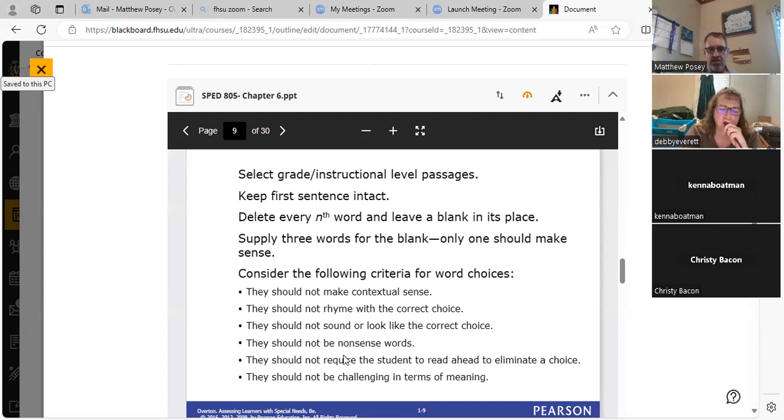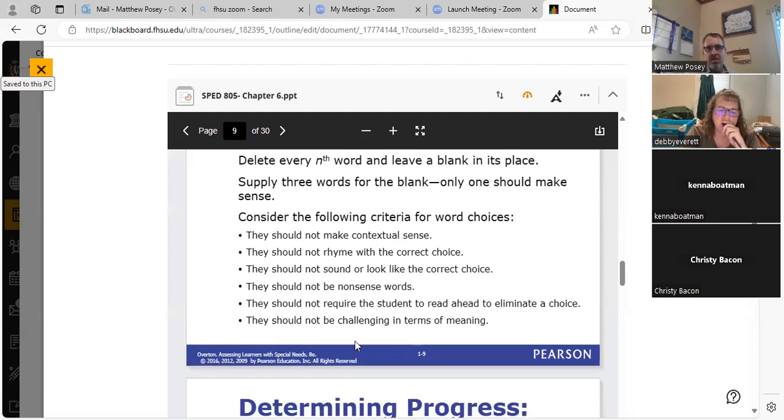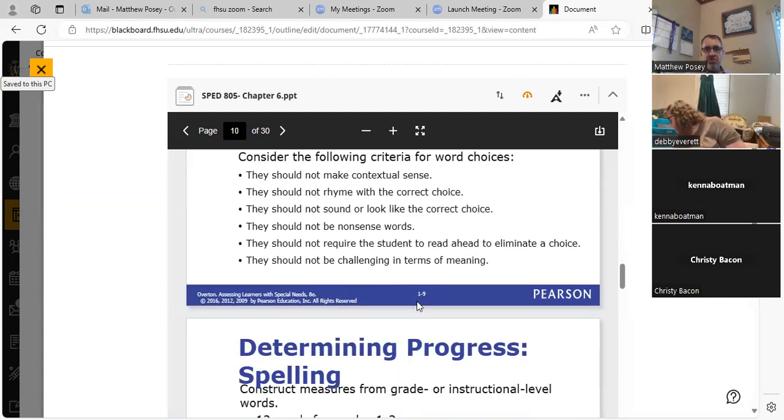Don't include any nonsense words. Don't require the students to read ahead to eliminate a choice. It should not be challenging in terms of the meaning. We're just trying to see if they can determine what goes in there. Very straightforward, basic. It's not meant to trip them up or trick them.